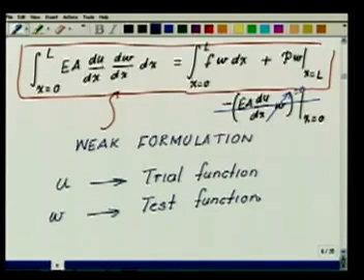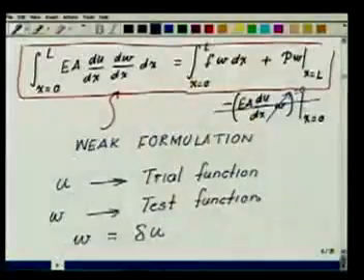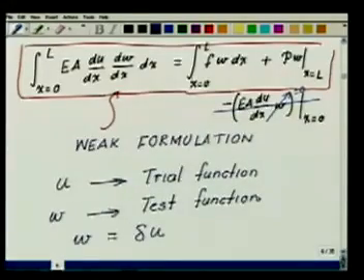Note further that if we took W equal to the variation of U, we will get exactly the variational formulation for this model problem that we would have obtained using the minimization of the functional. Note however that this is a very special problem where this is true, that is, the weak form with W equal to delta U is the same as the variational formulation. It is not true in many problems of interest.